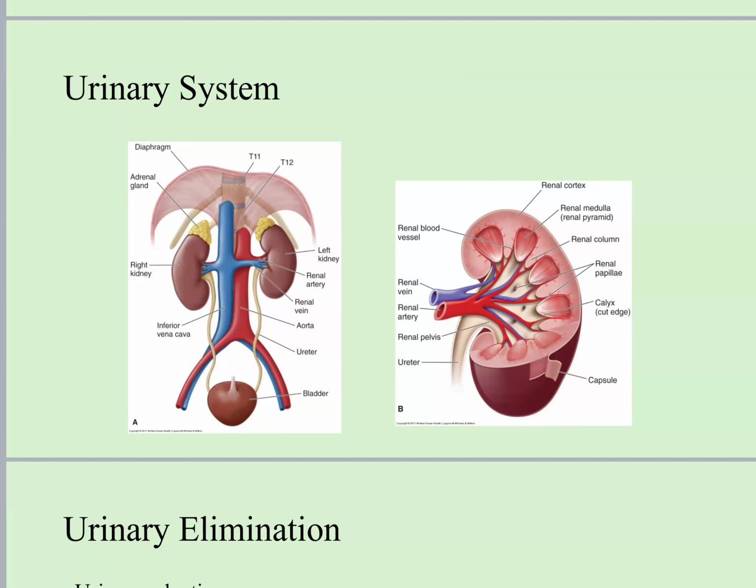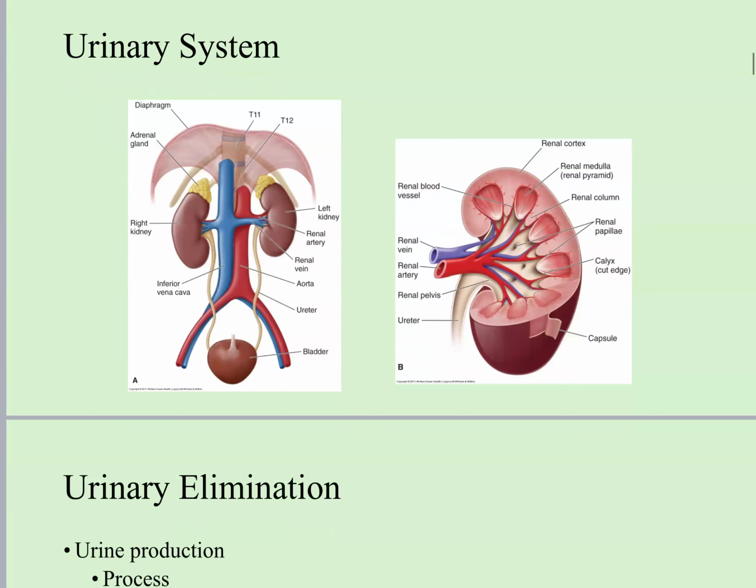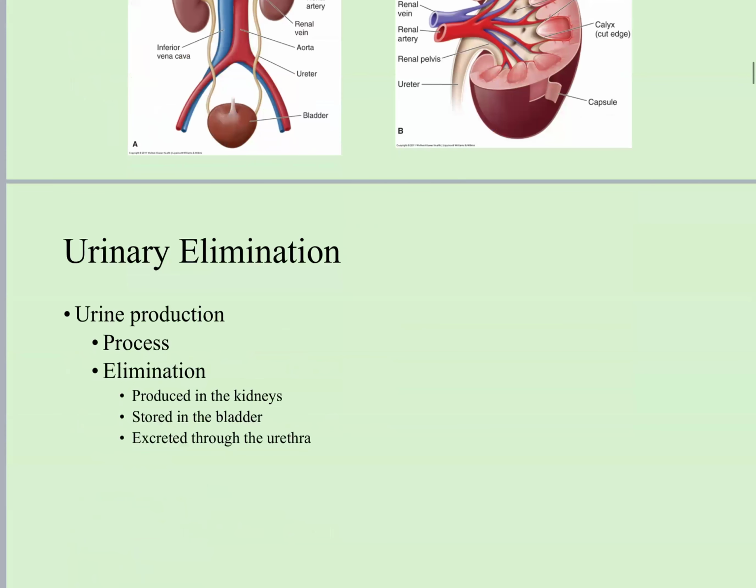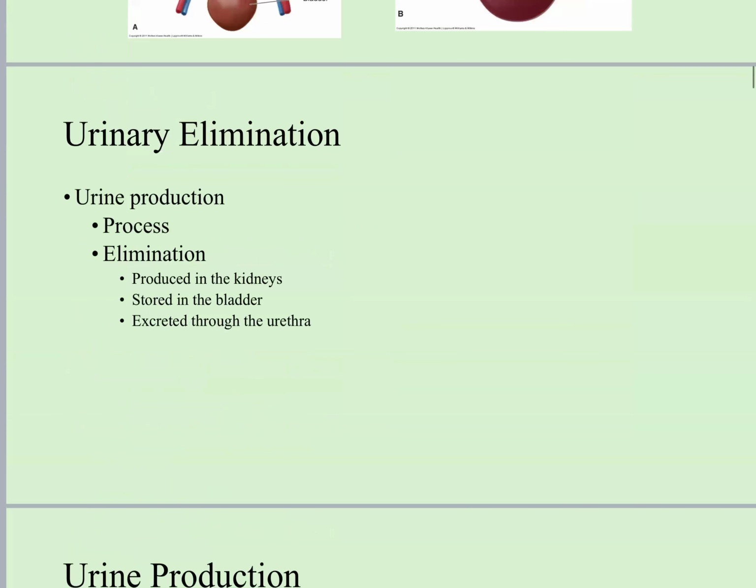The renal pelvis is where urine is collected for transport, and the hilum is where the vessels and the ureters enter and exit. So now that we have that anatomical overview, urinary elimination is comprised of the urine production process, and then there's the elimination aspect.